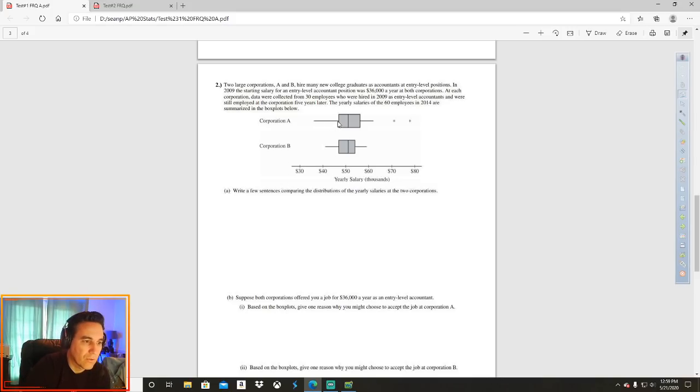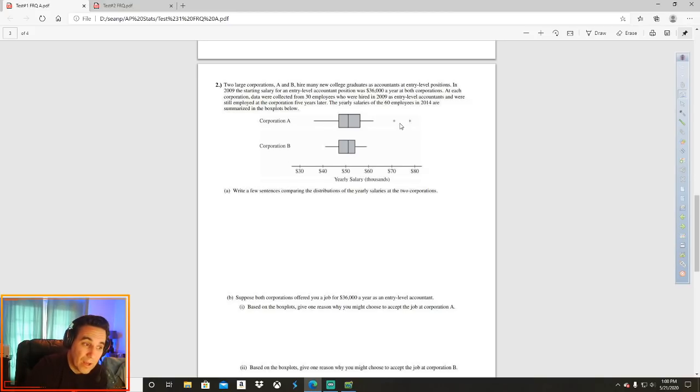Yeah, you could have done IQR. You could have said the IQR at Corporation A is about 47 to about 56. That's about 9,000 for the IQR there. And the IQR here looks like about 47 to about 53. So maybe about 6,000 IQR here. So yeah, Corporation B's IQR is a little bit smaller than Corporation A, but the range is way different.